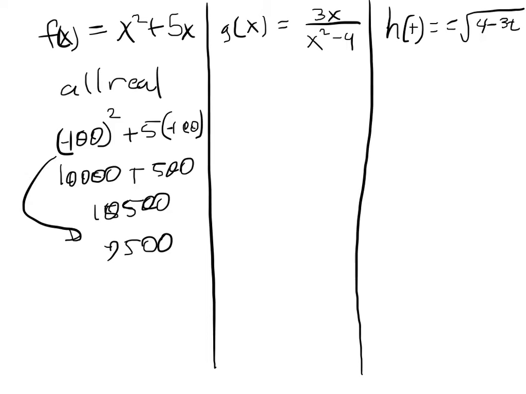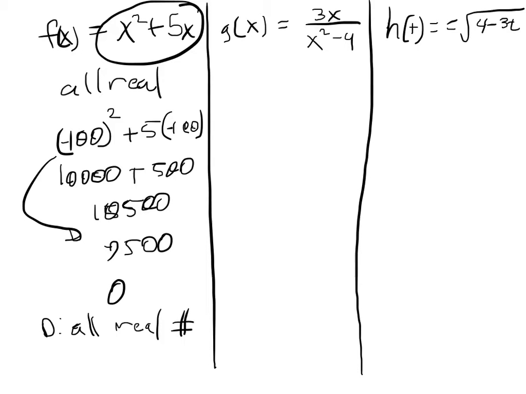And if I plugged in 0, I'd get 0. So whether it's really, really positive or really, really negative or 0, I get all real. And assuming we can trust that trend and the fact that there's no division by 0 possible and no square root of a negative possible, we would just say the domain is all real numbers.